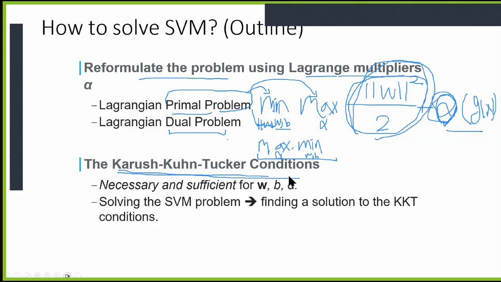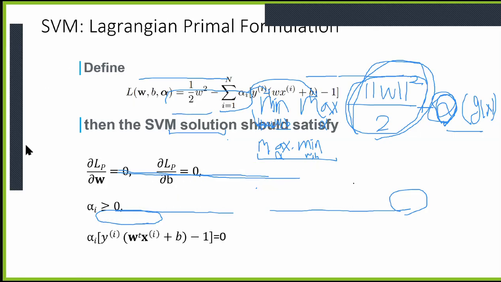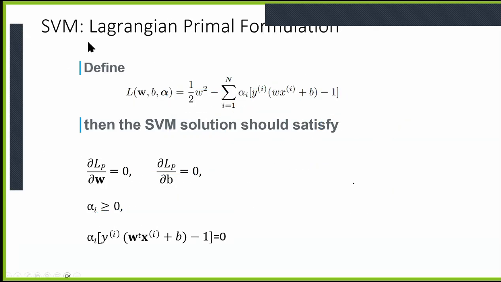And the KKT condition, just to go over the very high level, is that solving the SVM problem is basically finding the KKT conditions, which we are trying to solve.